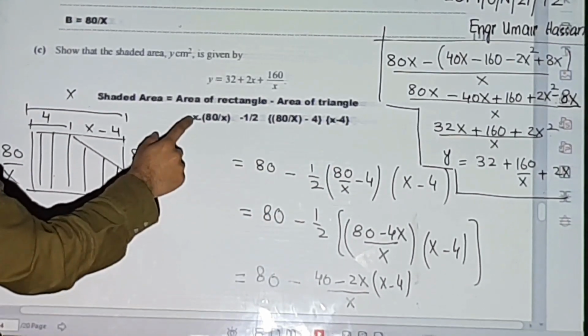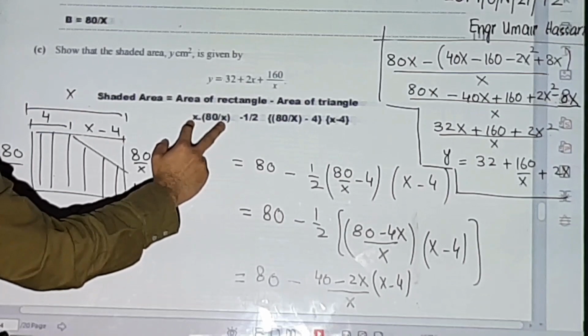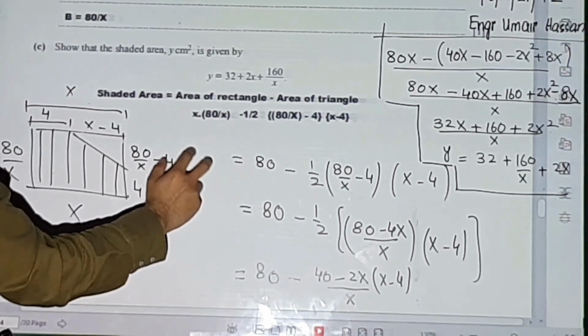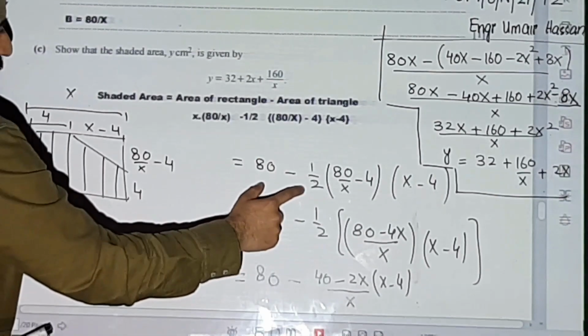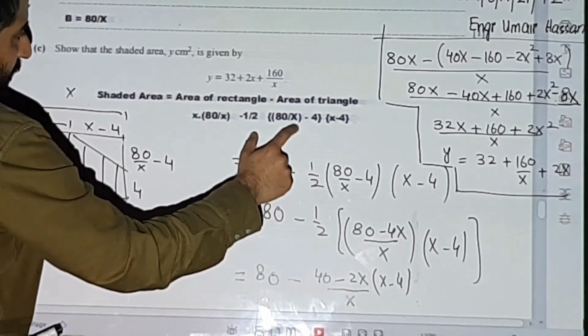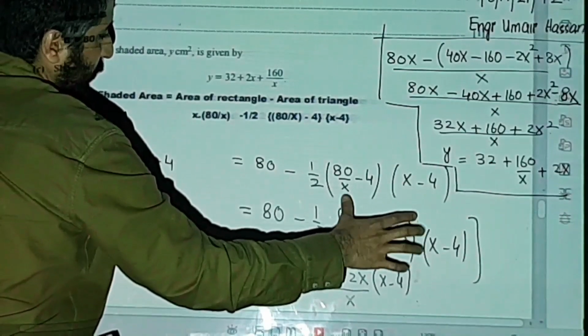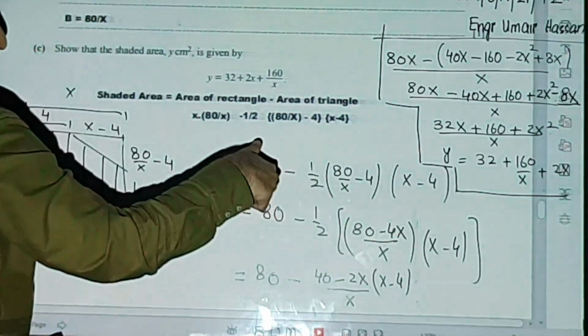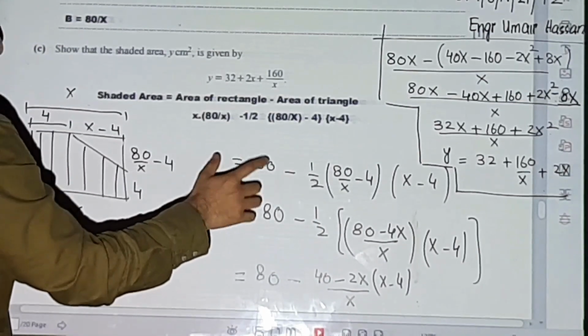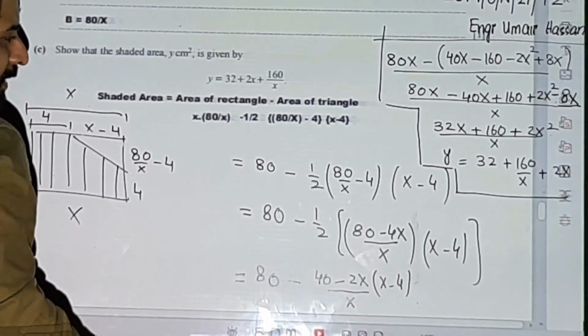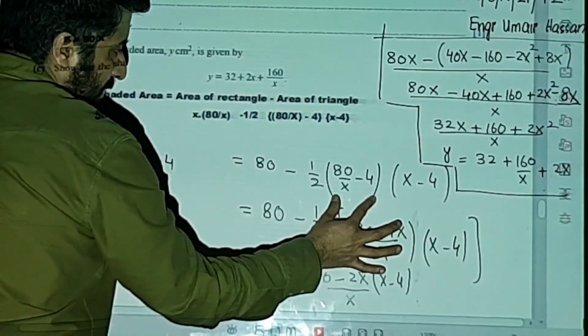Now simplify this one. x and this x will be cancelled in the denominator, and in the numerator 80 will be the answer over here. In this case minus 1 over 2 into 80 over x minus 4 into x minus 4, this is area of triangle. We have to subtract it from area of rectangle, which was x into 80 over x. On simplification it became 80. Now from here you can take the LCM in this bracket.